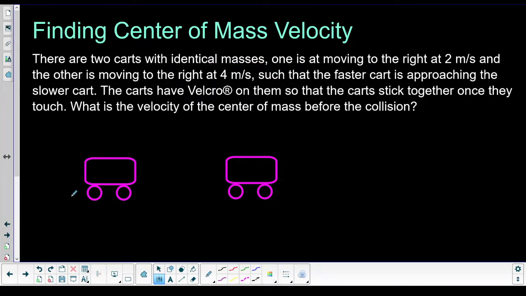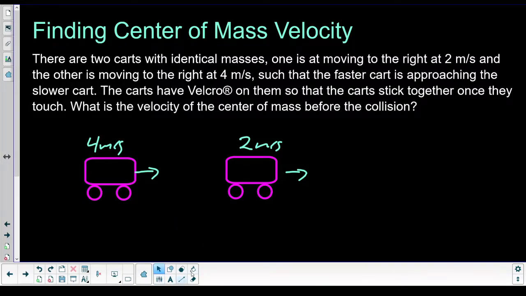Okay. So this one is going 4 meters per second that way. This one's going 2 meters per second that way. So they're going to eventually run into each other, right?